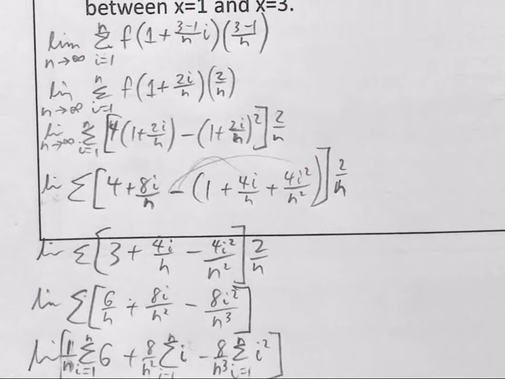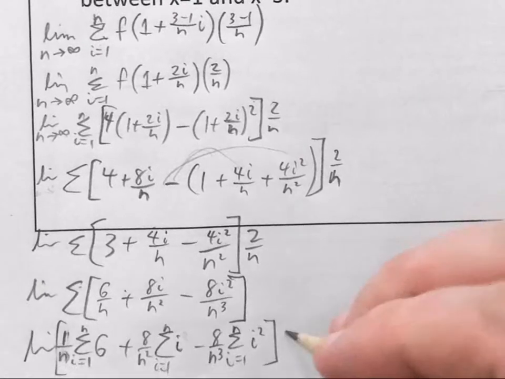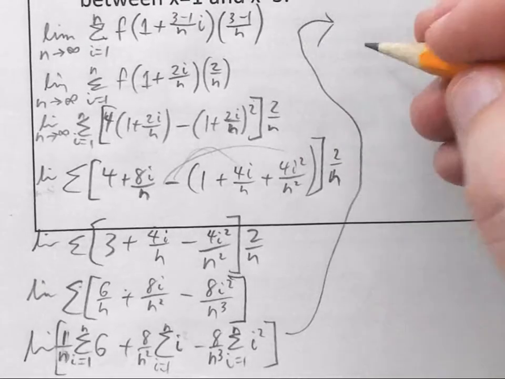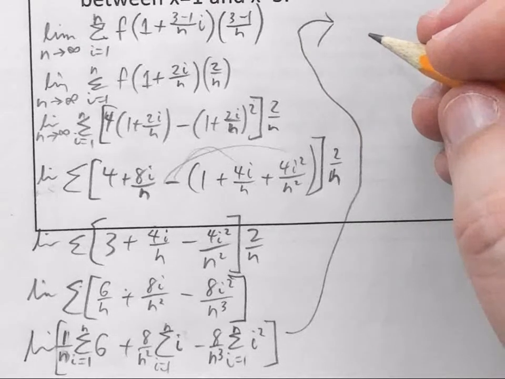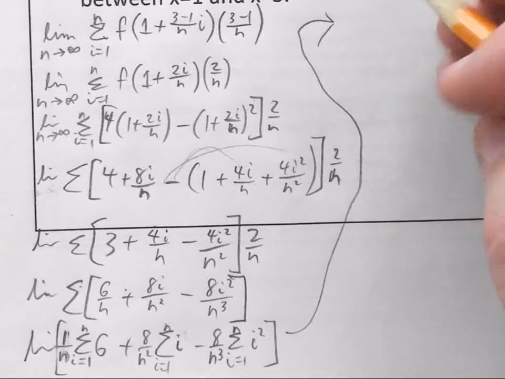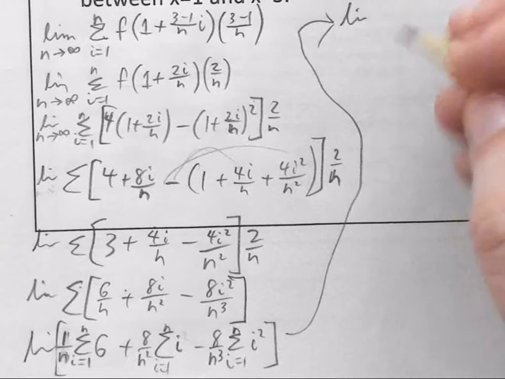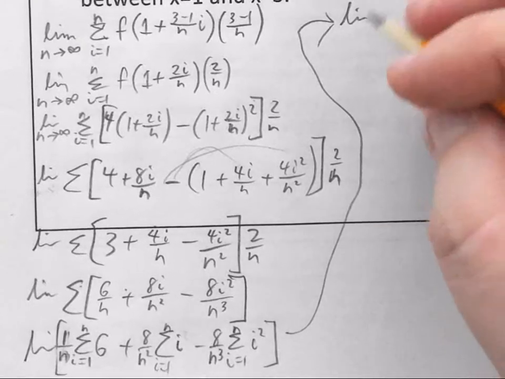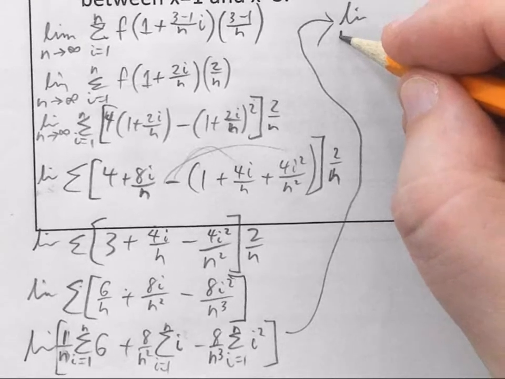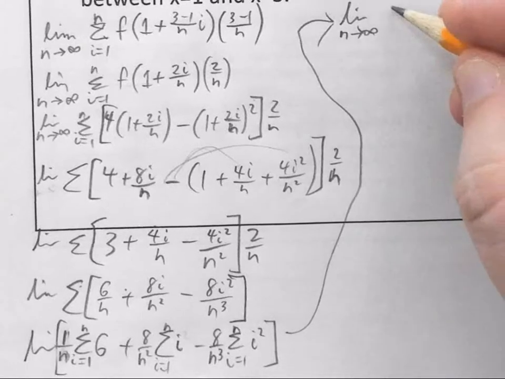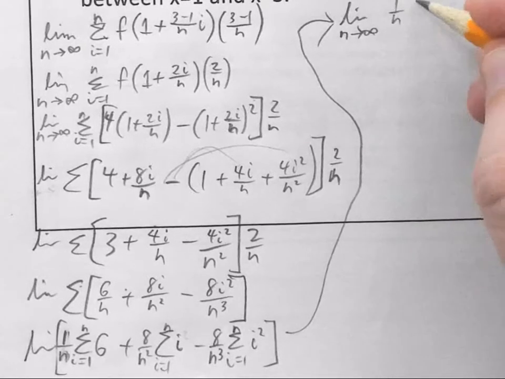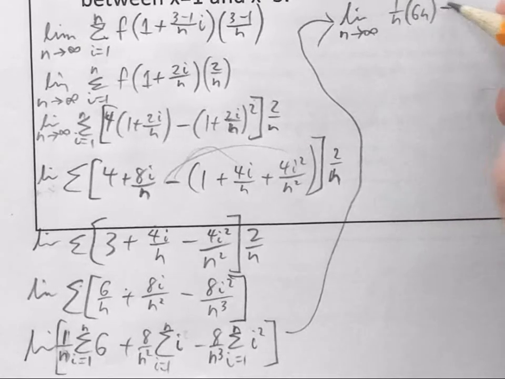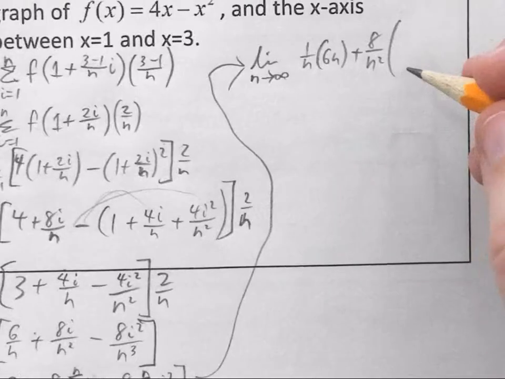Now replace. The 6 just becomes what? Yeah, ultimately, it'll be 6n, which will turn into 6, yep. So limit, I don't have to clean up the rest, so I'm going to actually leave that complicated because I know I'm going to have to clean up the rest. So I'm going to have 1 over n times 6n plus 8 over n squared times sigma i.